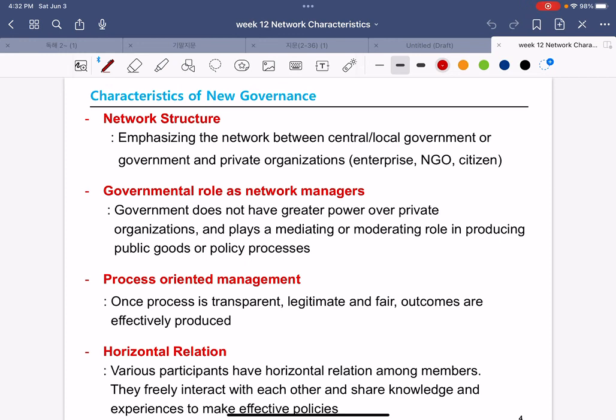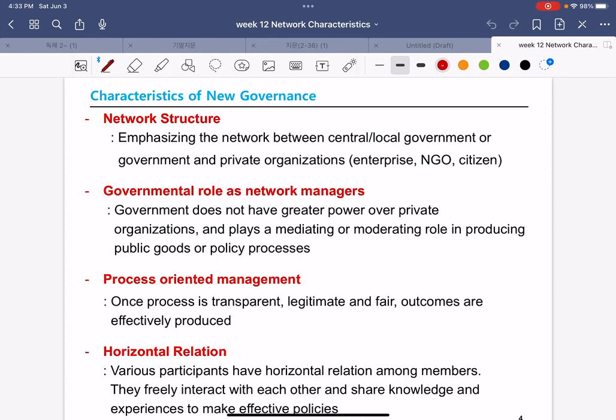Also, in the network structure of new governance, what is the role of government? Government is just one of actors, because in the network structure, the actors are horizontal. Government is just one of the actors, but usually government has much knowledge and resources.